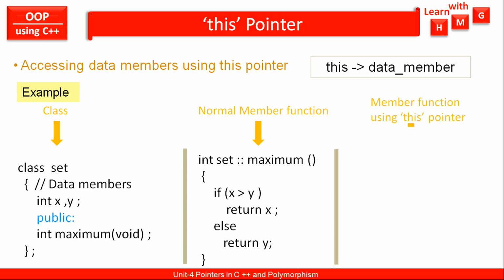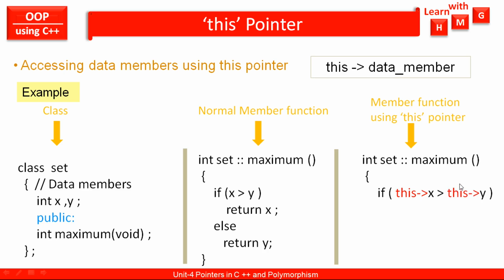So see, now I am writing the same maximum function definition using the this pointer. Here also maximum is a function which is a member of the set class and it returns an integer value. Look here at how I am writing the member names x and y. x is written as this arrow x and y is written as this arrow y, and your if condition will be this arrow x greater than this arrow y, return this arrow x.